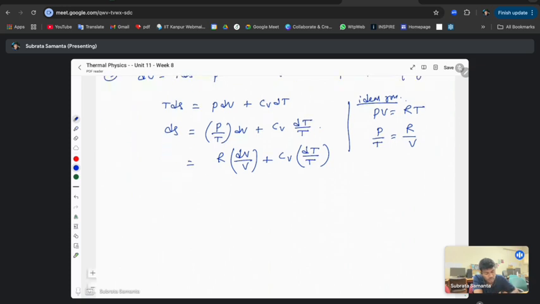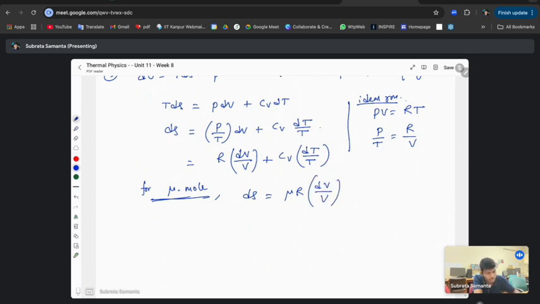Okay, so for n mole, let's say for nu mole of gas, your dS is basically nu times R dV over V, right?